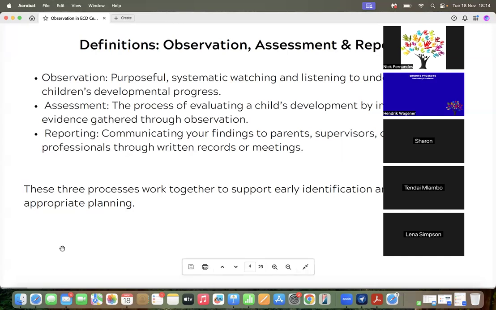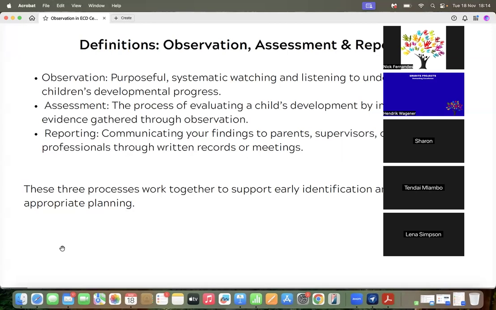Please always remember that the notes that you make are confidential and are not supposed to be shared with other parents. And you don't always need a one-on-one session to observe a child. The best way to observe a child is by letting that child be in his or her comfort zone, leaving that child free to play and talk to a friend.